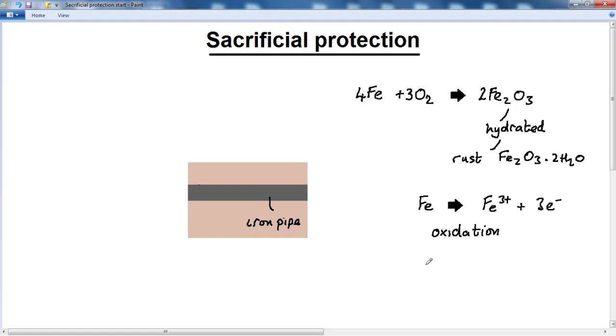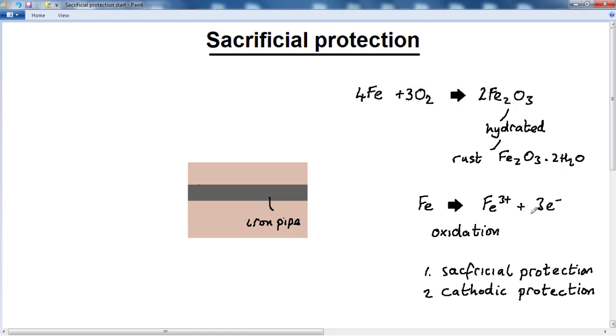These are known as sacrificial protection, which is the method we're looking at in this lesson, and cathodic protection, which we shall look at in the next lesson. The idea behind both of these methods is to stop the iron from losing these 3 electrons.